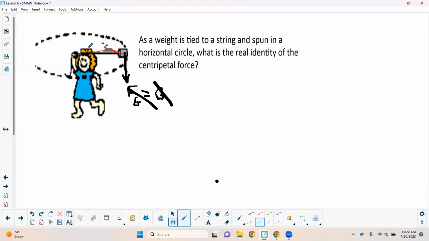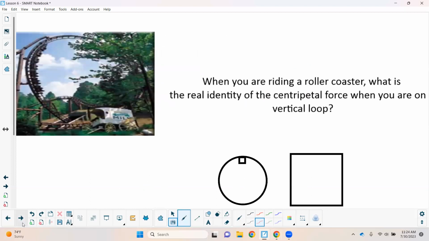The only thing pointing towards the center is that string. So the centripetal force, Fc, is equal to the tension. That's the only thing there. That could be T or Ft, depending on how you write it out. Either way is fine. And then you could set that equal to m ac and solve for whatever you need to if you're given the numbers.